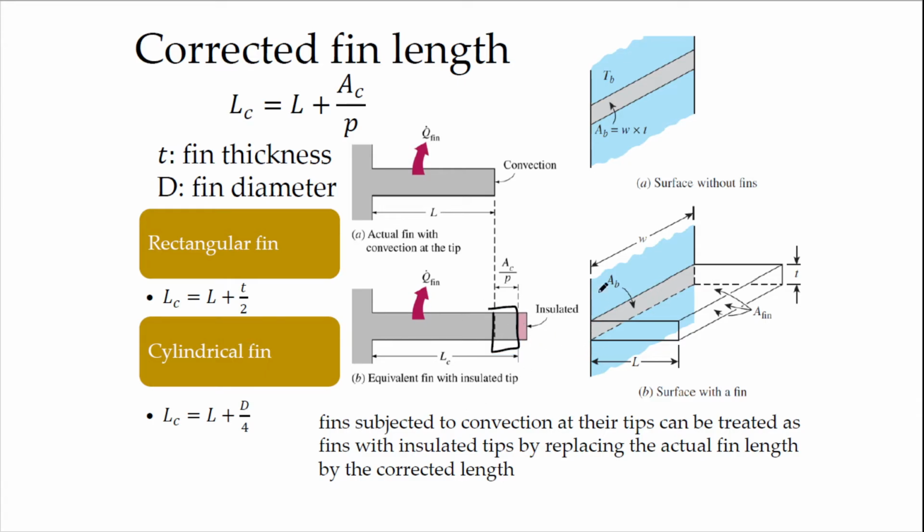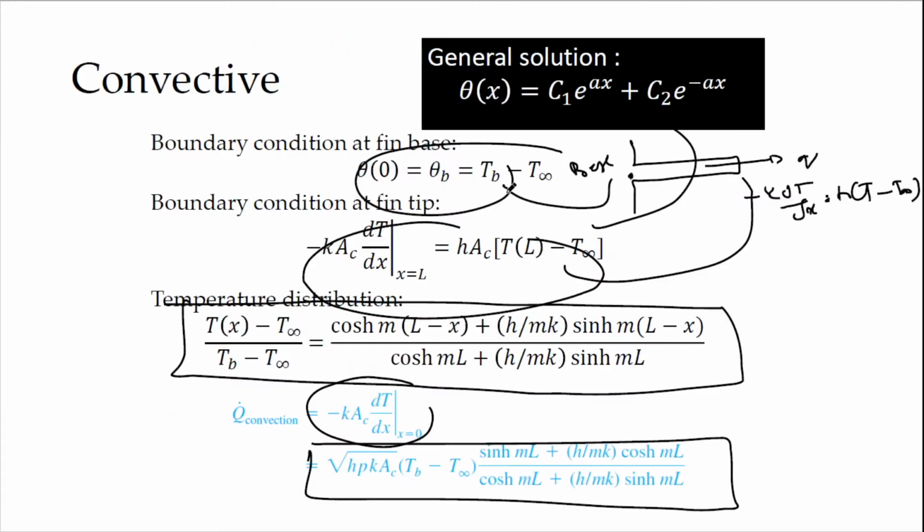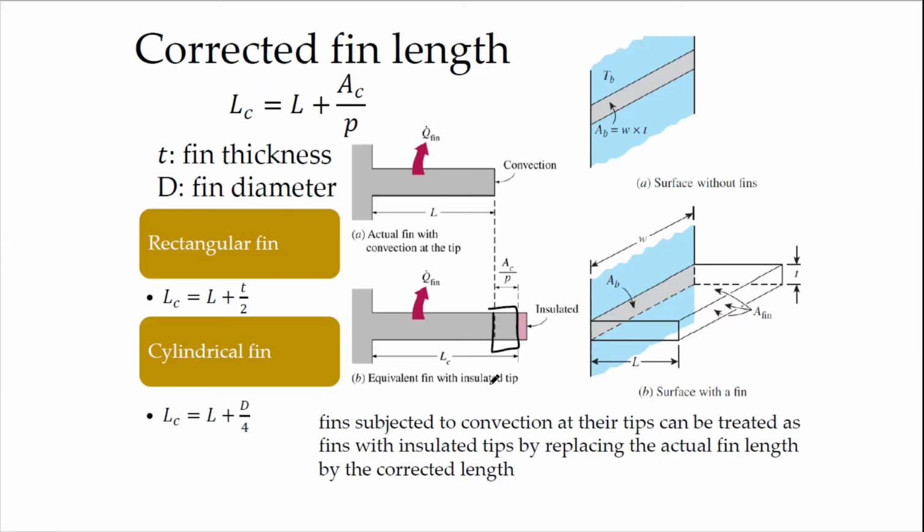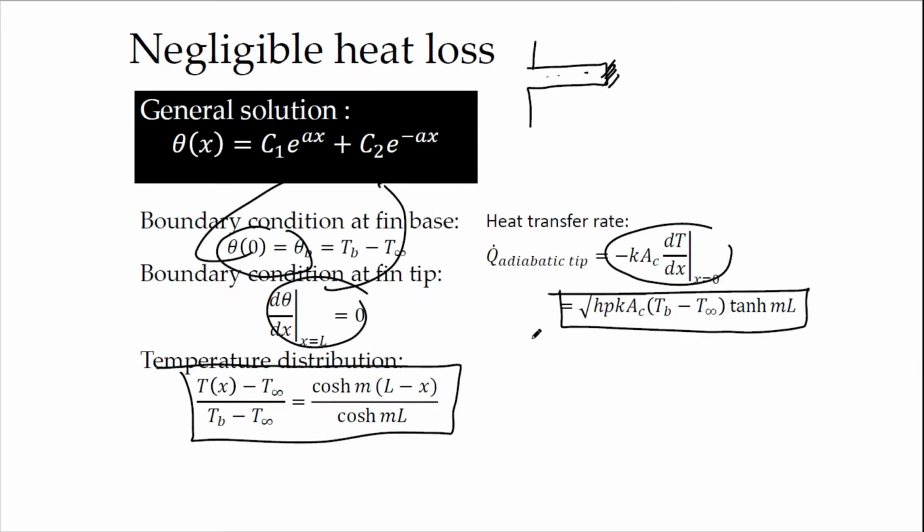What I mean is, if this is your actual problem, where the end of your tip has a convection boundary condition, you use this very lengthy equation. If you don't want to use that, you can use the insulated case, with negligible heat loss.